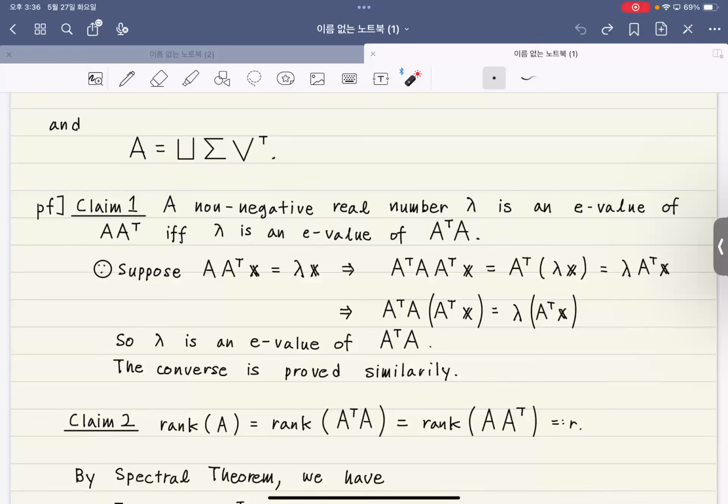And according to the spectral theorem, every real symmetric matrix has real eigenvalues, and they can be orthogonally diagonalized, right?